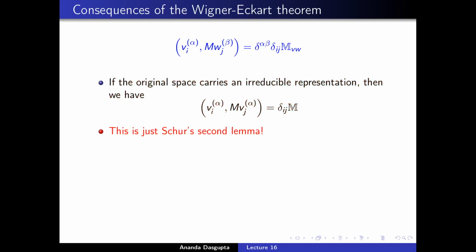In this case, M would be a matrix or an operator which commutes with each and every one of the irreducible representation matrices or irreducible representation operators, and Schur's second lemma would tell you that this would definitely lead to M being a multiple of the identity.